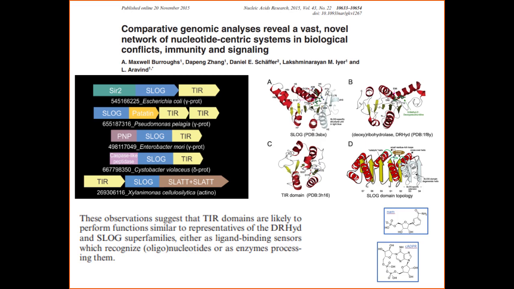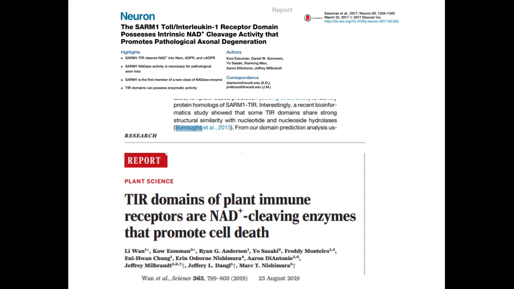So in a sense, this work clarified a lot of what was going on in the realm of apoptosis. And since then, it has become very apparent that the TIR domains, which were seen as passive adapters, are enzymes, and both in plant and animal systems, that's being extensively explored now.